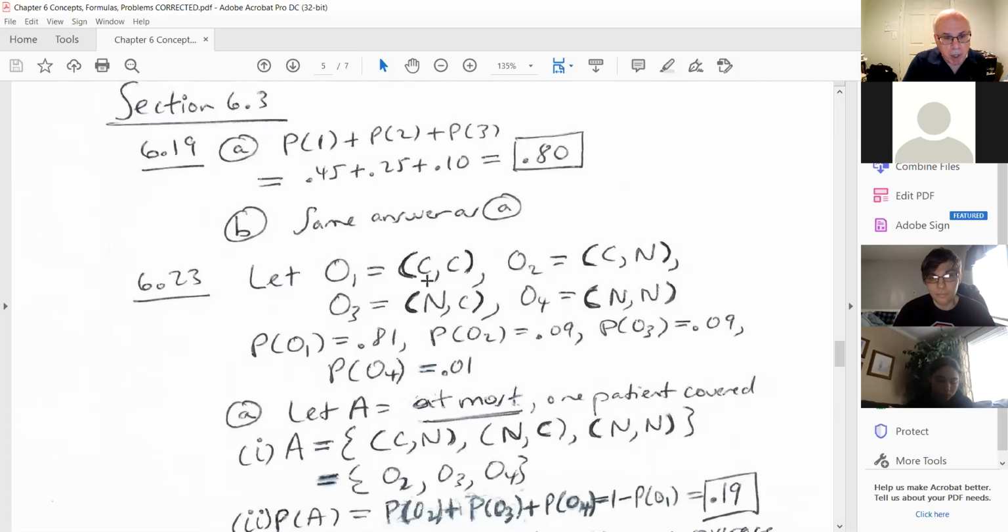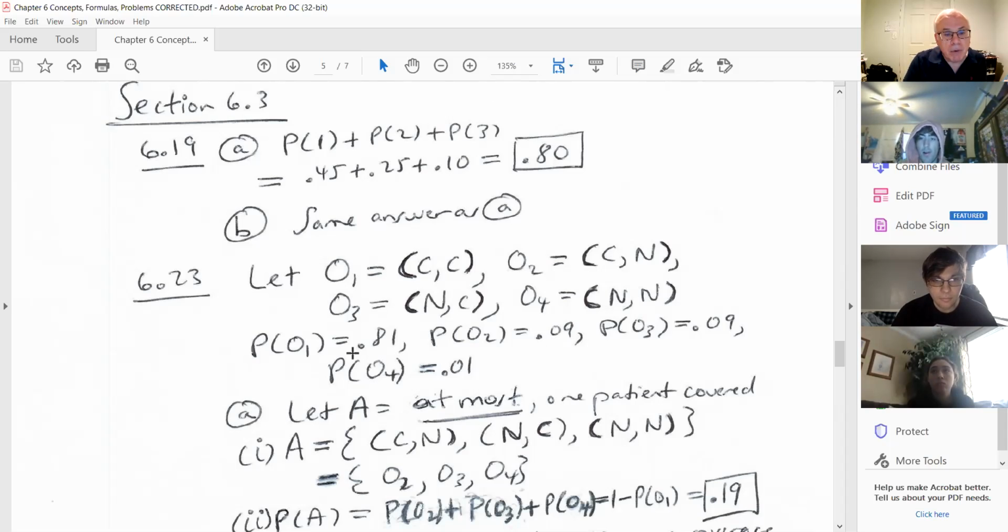C represents that the claim was accepted, and the other symbol represents that the claim is not. The first outcome, O1, says both people's claims were accepted. O2 means the first person's claim was accepted, but not the second person's. O3, first person's claim is not accepted, but the second person's is. And O4 means neither claim was accepted.